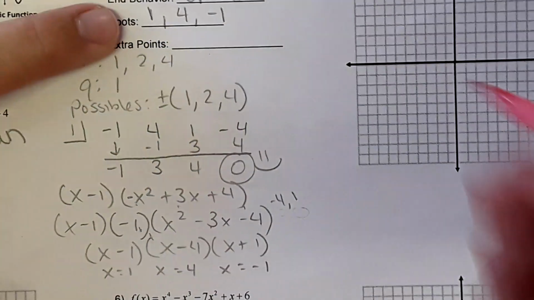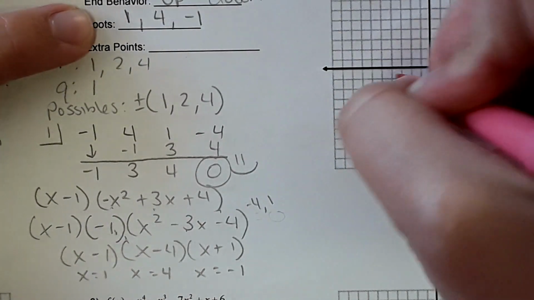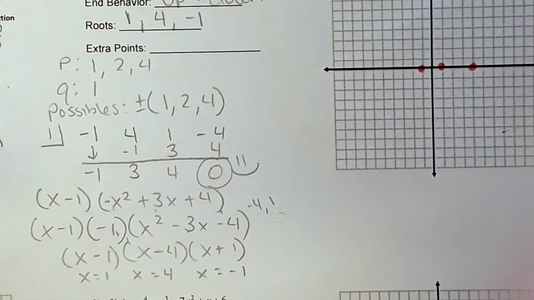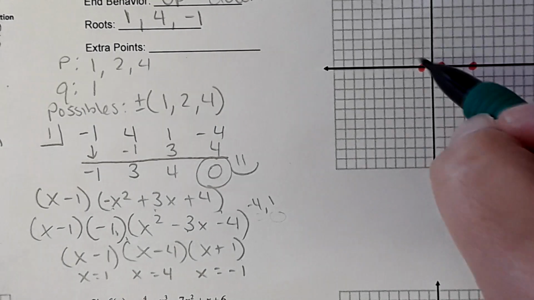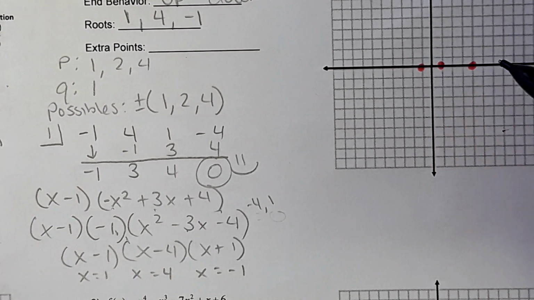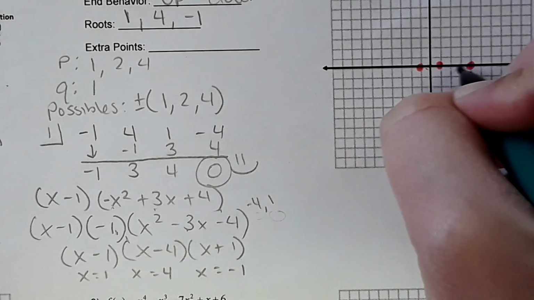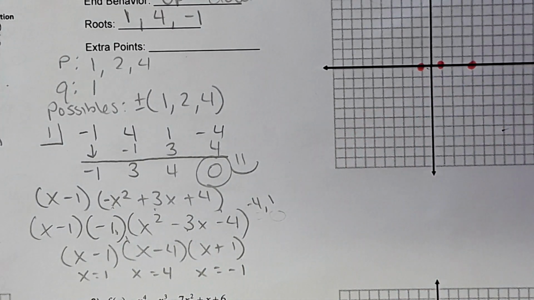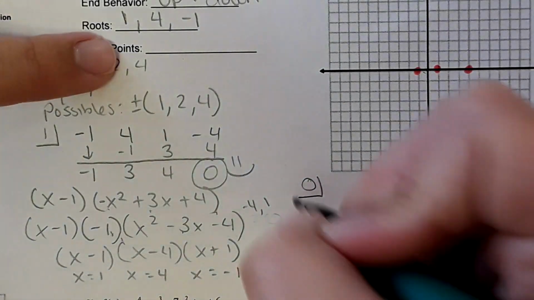Okay, so these roots, I got 1, 4, and negative 1. Do you need an extra point or no? Yeah, because we need to see how far down and up it goes. So we're going to choose 0 because it's right in between these 2 points, and then we'll just choose 1 point in between here and call it a day. So let's do 0 because that'll show where that goes.